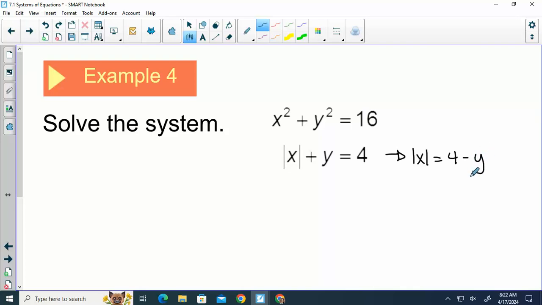Now, what does absolute value do? It turns everything positive. We are trying to use this to replace our x. We know all the absolute value does is take your number and make it positive. When you square something, what kind of number do you get? Positive. Does it matter if x is positive or negative before we square it?